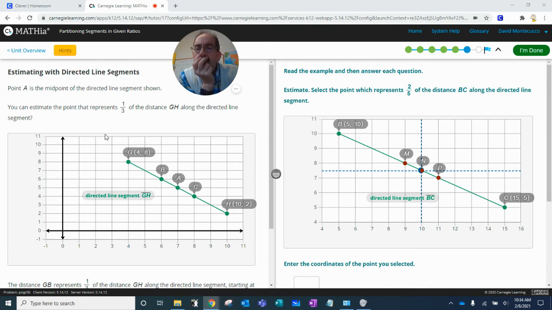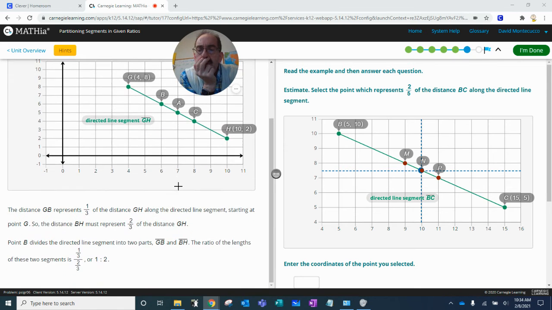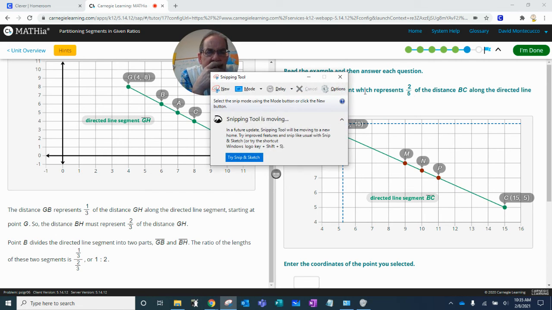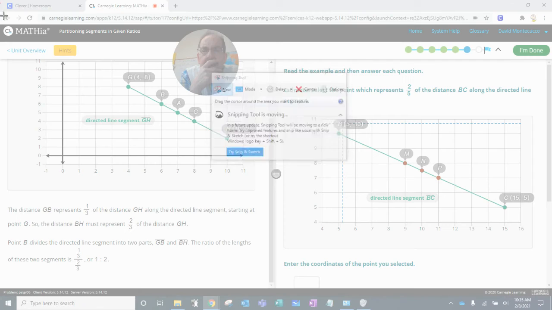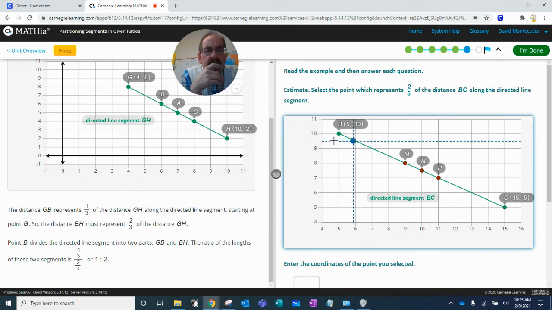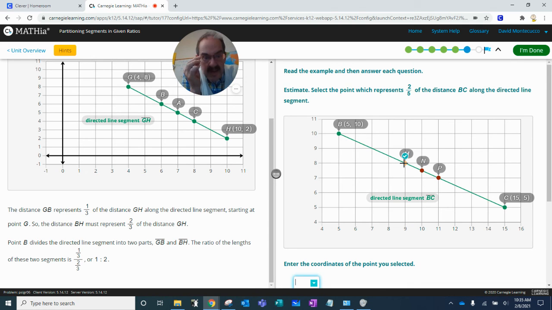Okay, so now we have 2/5 of the distance along BC. Two-fifths of the distance along BC. So I'm going to say 2 to the 5.